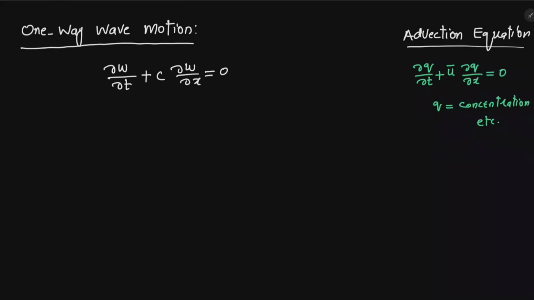Let me just talk about one example, one application of the advection equation. From the previous video, we discussed the implications of the advection equation, what the advection equation is, and what its meaning is.